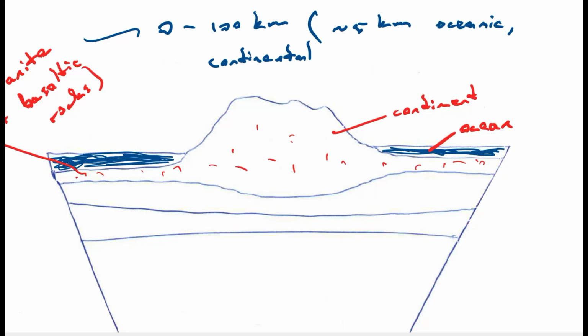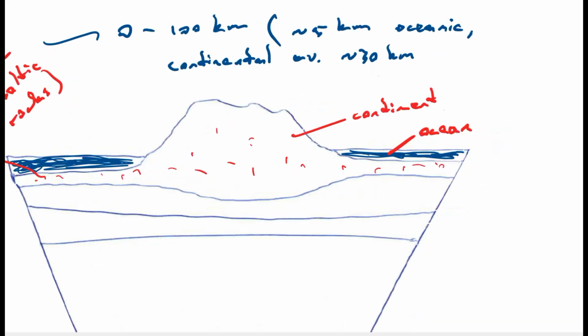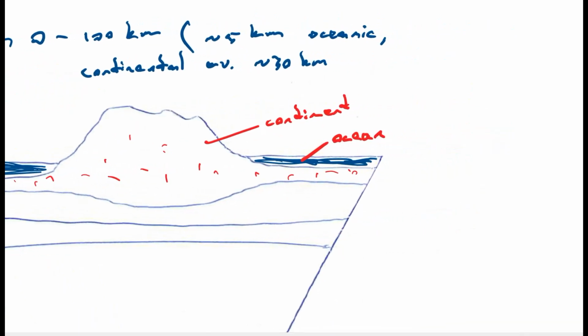Like I said, under mountain ranges, it can get up to about 100 kilometers or so. So let's actually write that. So average about 30 kilometers. Let's just draw an arrow there, up to about 100 kilometers thick under mountains.